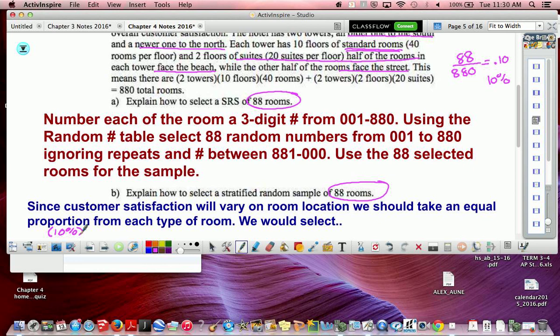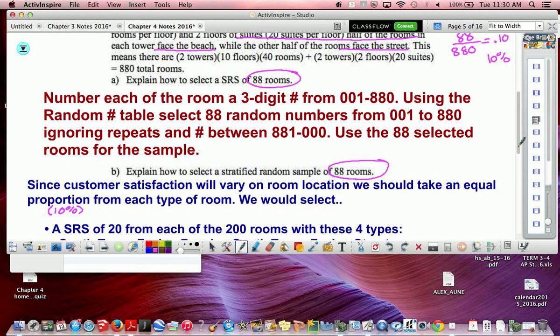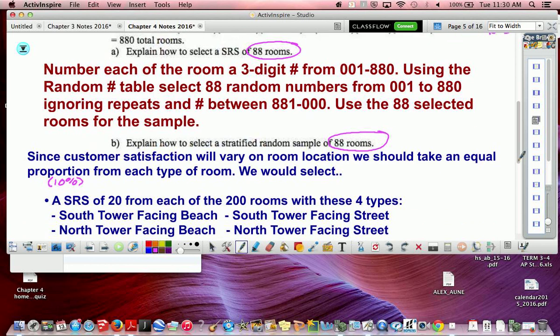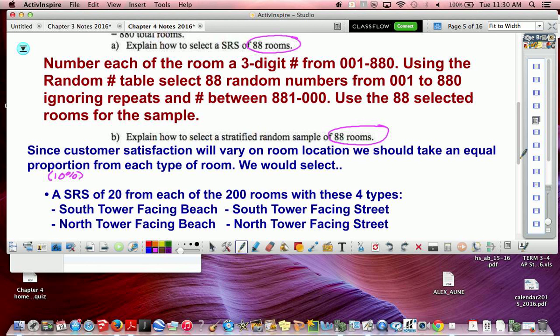So what that means is this. We're going to take a simple random sample of 20 from each of the 200 rooms with these 4 types. So I'm taking a simple random sample of 20 south tower facing the beach, south tower facing the street, 20 for north tower facing the beach, and 20 north tower facing the street. This gives me 80 rooms.